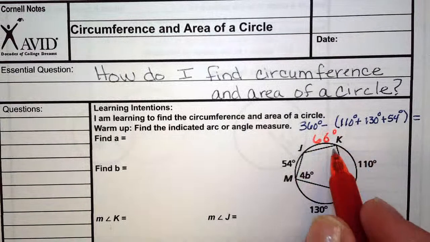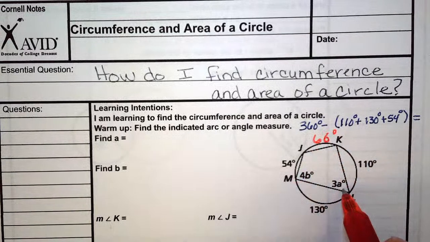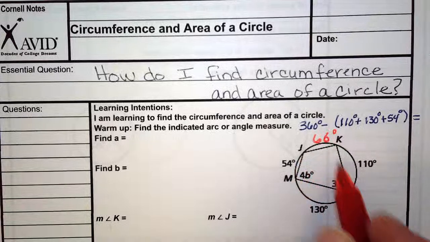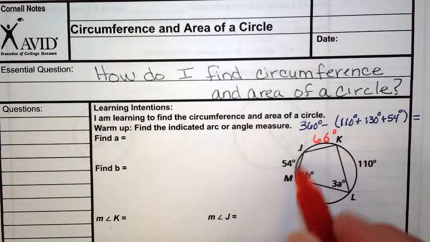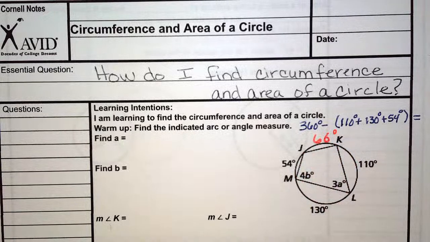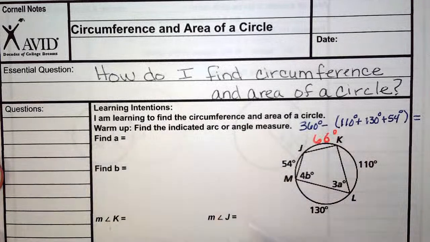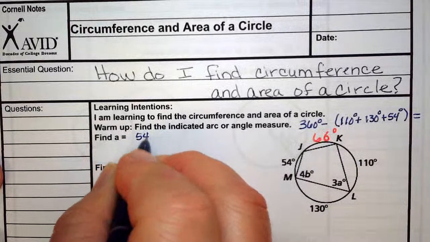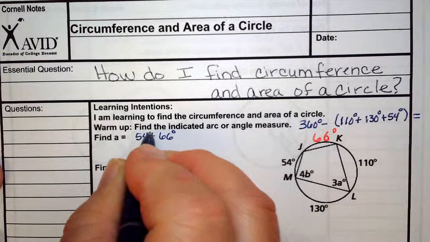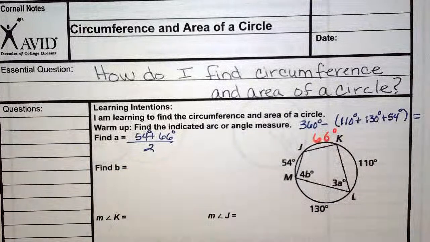Okay, so if I'm looking for A, these two arcs, because this is where my angle is, it's an inscribed angle. These two arcs make up that intercepted arc. So for A, it is going to be 54 plus 66 degrees divided by 2, and that will give us 3A.